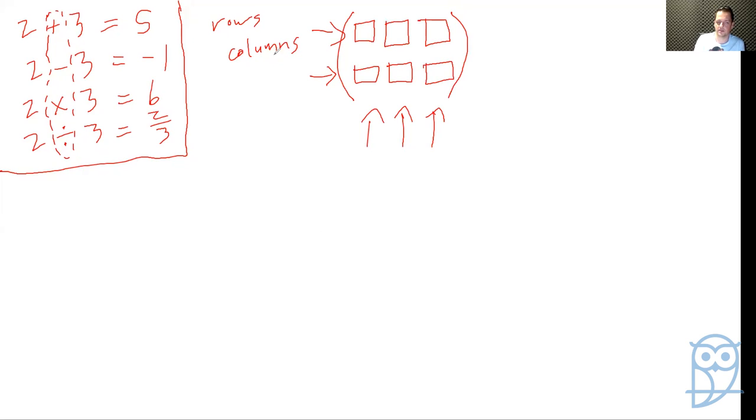So 2 rows, 3 columns. Obviously, there's going to be 6 elements because for each row, there's 3 columns. 3 by 2 is 6 elements.